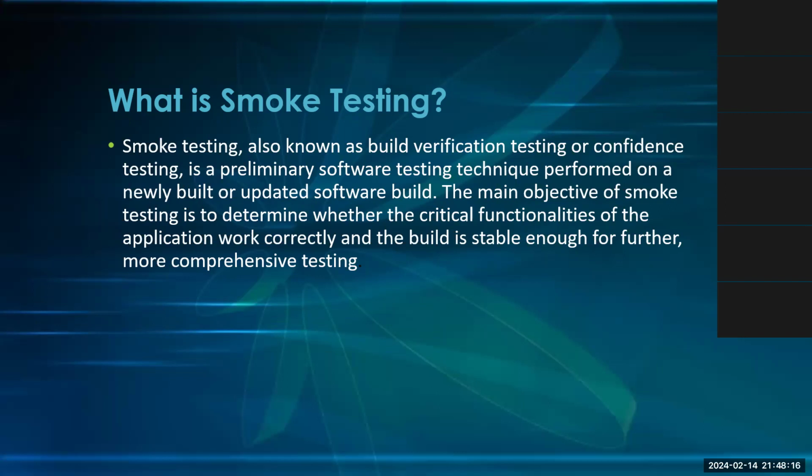For smoke testing, this kind of testing is a bit lightweight and is a preliminary testing technique. Mostly it is performed early in the software testing process, and it helps to validate critical functionalities and assess the overall stability of a newly built or updated software build.